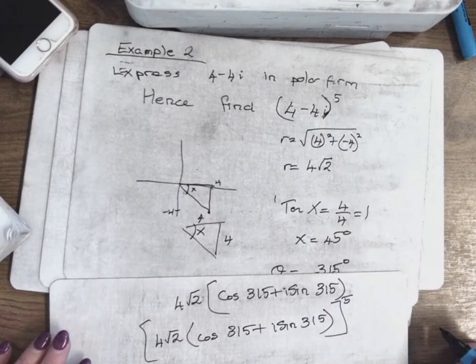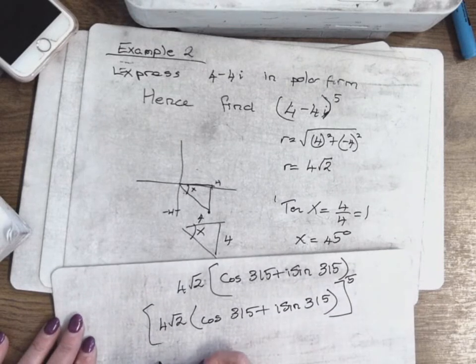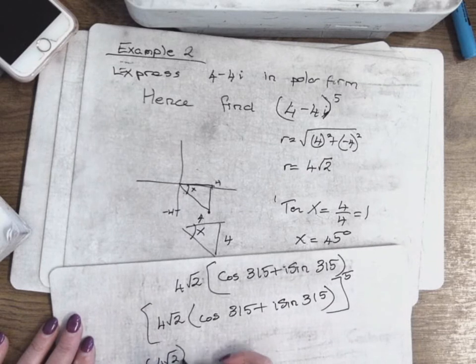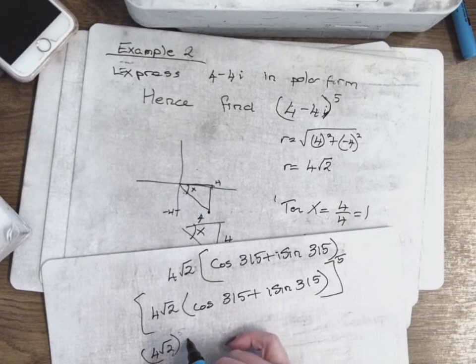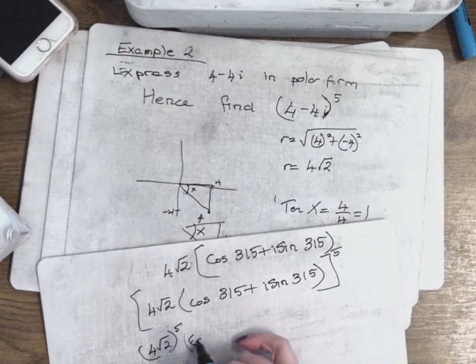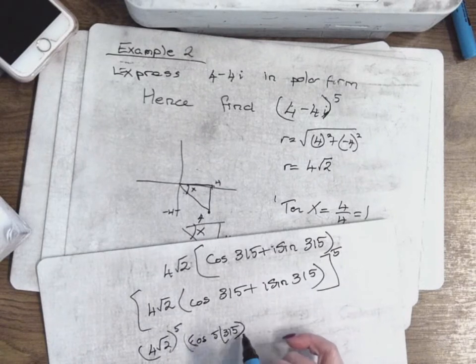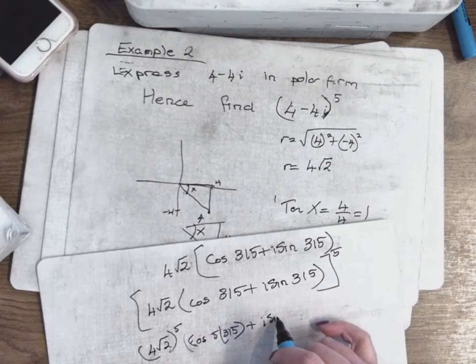So the rule is you raise 4 root 2 all to the power of 5, and then you go cos of 5 multiplied by the angle plus i sine 5 multiplied by the angle.